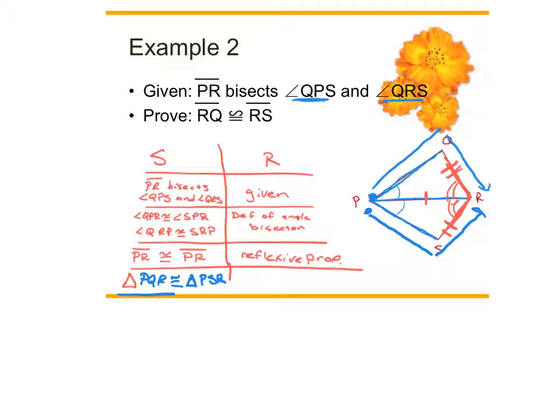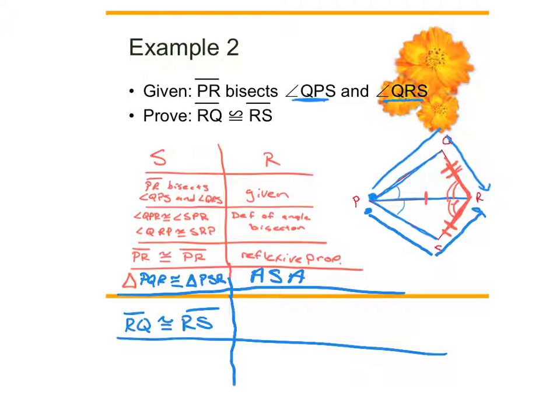Putting the letters in the wrong order could mean you get this line wrong. And we said that those triangles are congruent because of? ASA. So then why was it true that RQ was congruent to RS? We already know the triangles are congruent. CPCTC. The corresponding parts of congruent triangles are congruent.